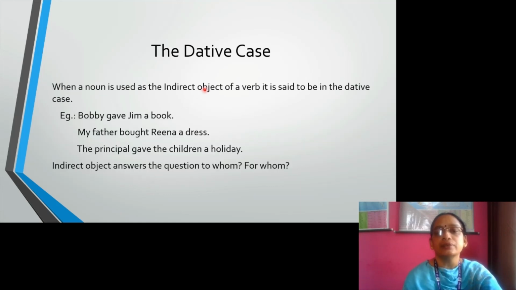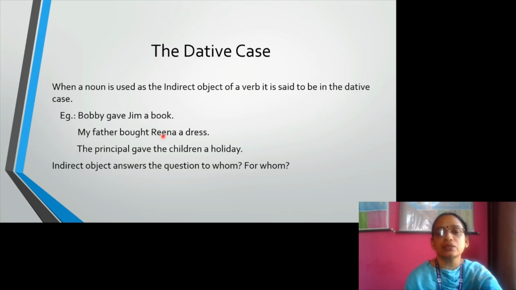Let us study the dative case. When a noun is used as the indirect object of a verb, it is said to be in the dative case. Bobby gave Jim a book. Here, two objects are there: Jim and book. The first one is known as the indirect object. My father bought Reena a dress. Reena, dress: two objects.